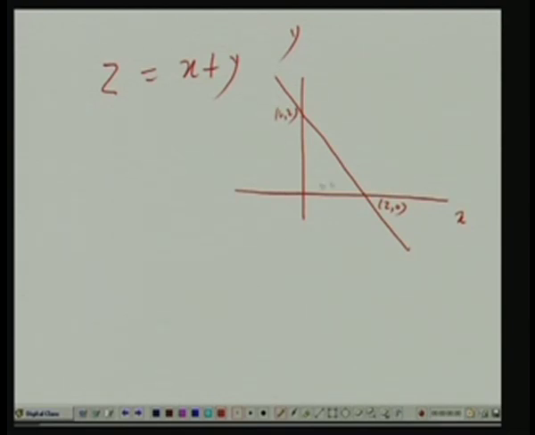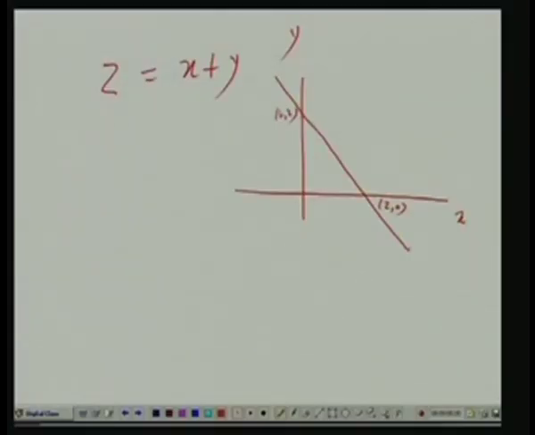As we move x and y both, you get higher and higher values of z. So, for a fixed z, this equation corresponds to a particular line, another z, another line, and like that.